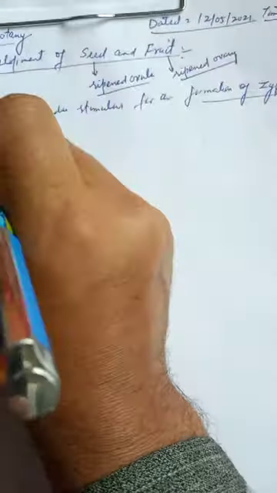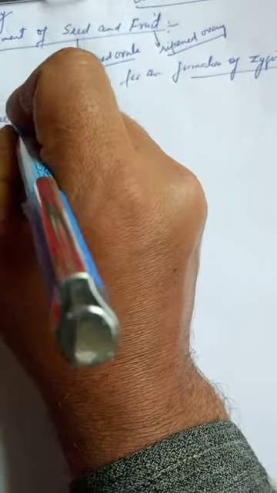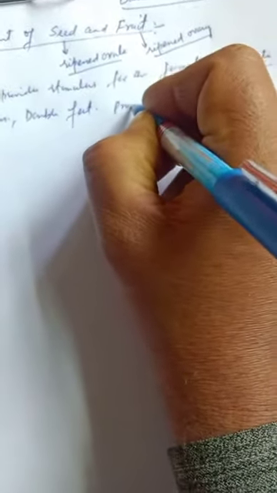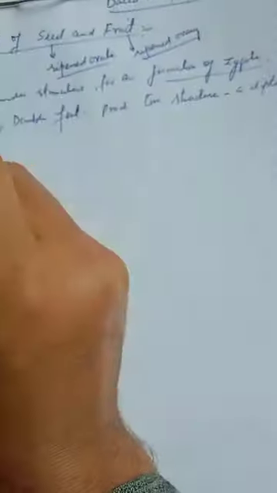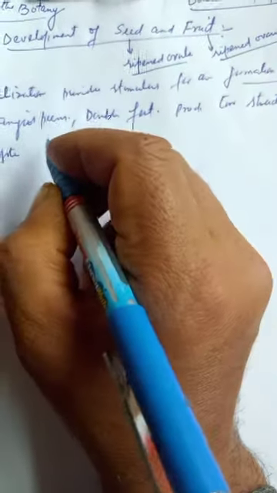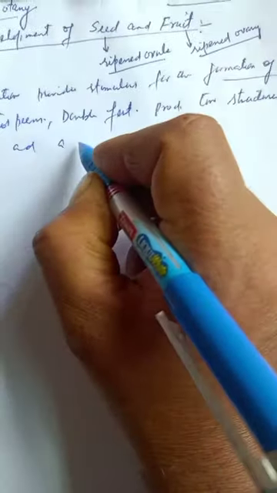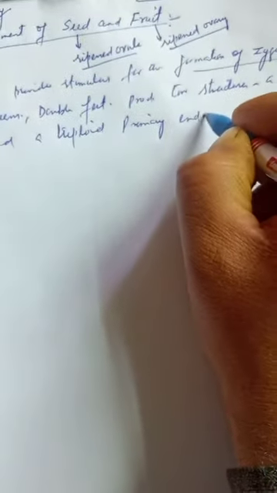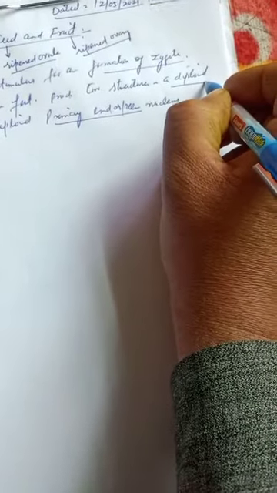In angiosperms, we have double fertilization, and double fertilization produces two structures: a diploid zygote and a triploid primary endosperm nucleus.